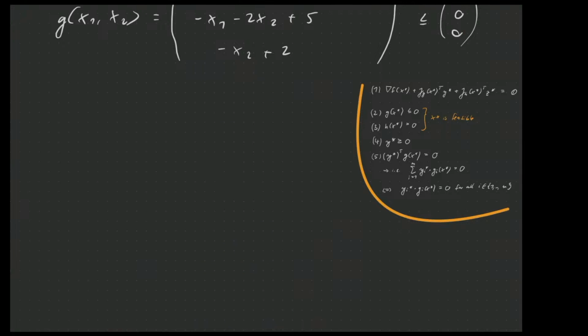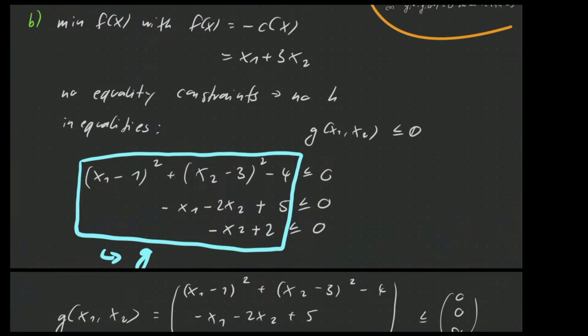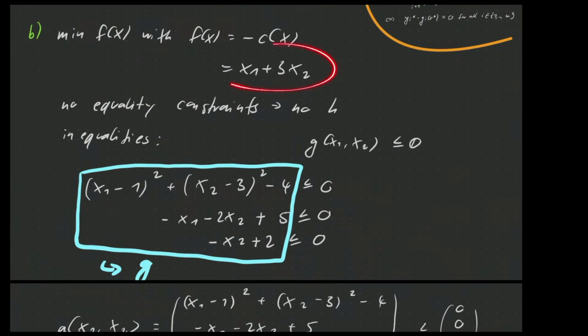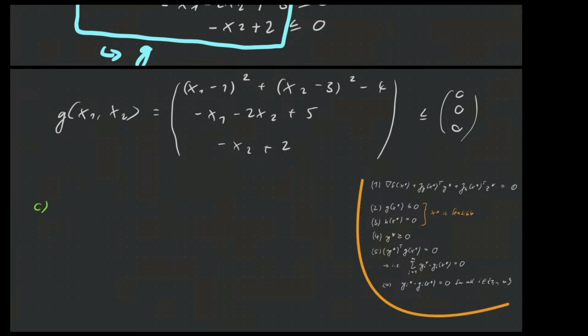And now we need to apply that to our problem at hand. Remember, f is this function here. So we need the gradient of f, and we need the Jacobian of g to use this function here. So let's first compute those. Right? Gradient of f.